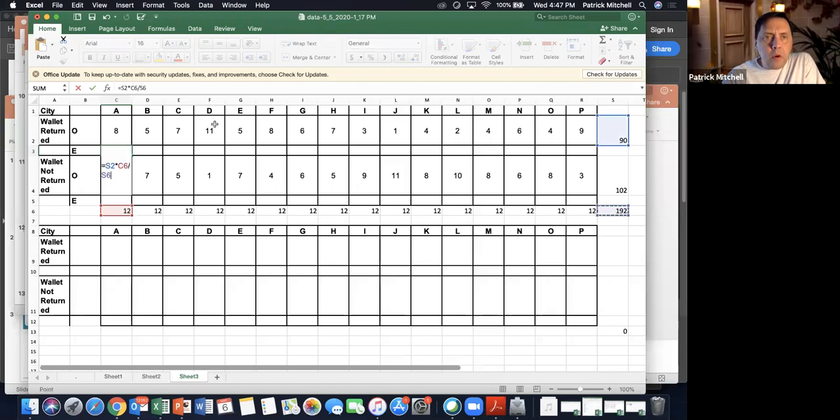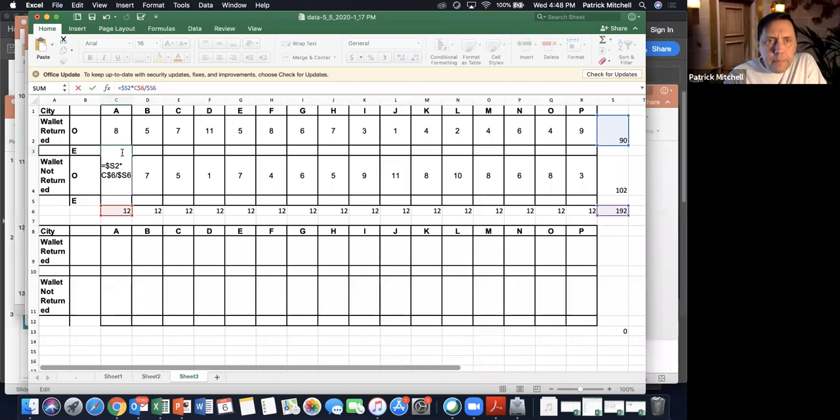And in order for my formula to copy and paste properly, I'm going to pin the row reference, and I'm sorry, that's a column reference, and I'm going to pin this in column 6.